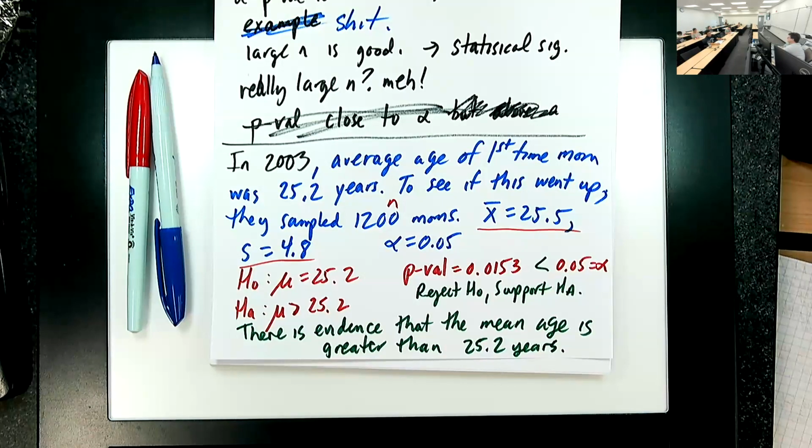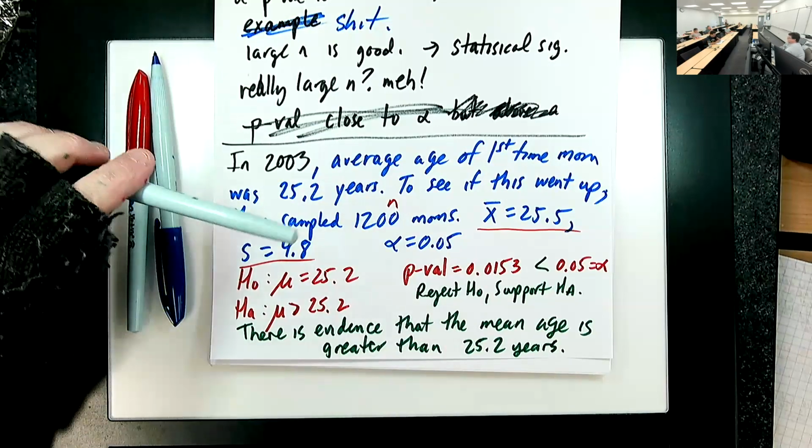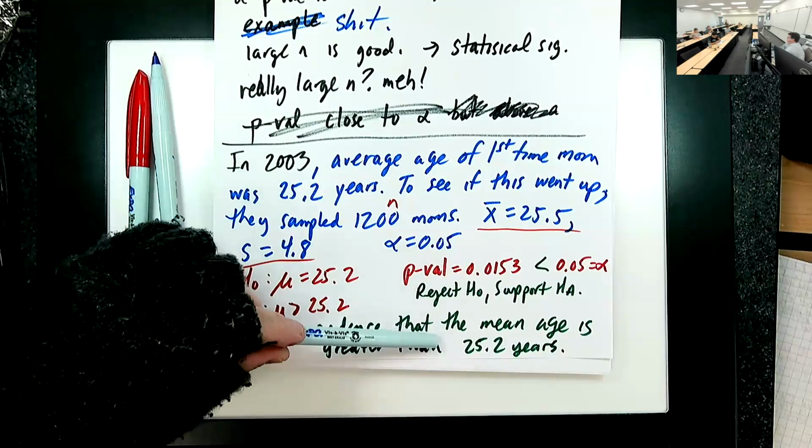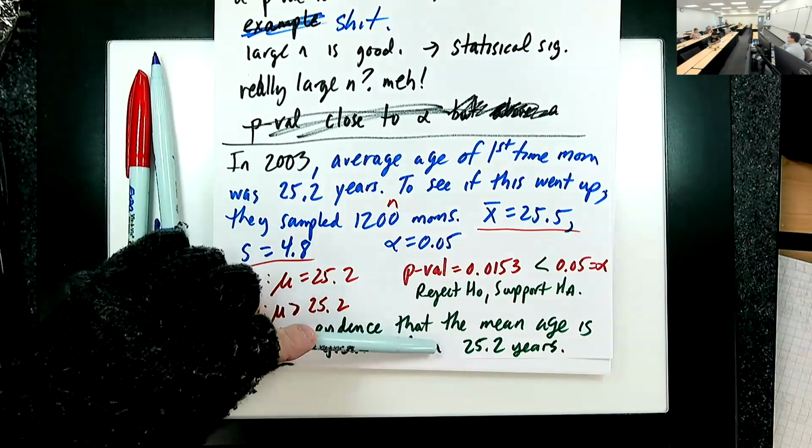And wait till everyone's got it written down, so then we can go, what is statistical versus practical? So, the mean age has gone up. This is said to be statistically significant.